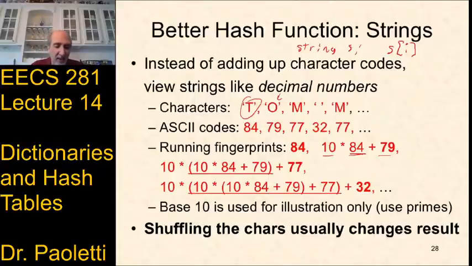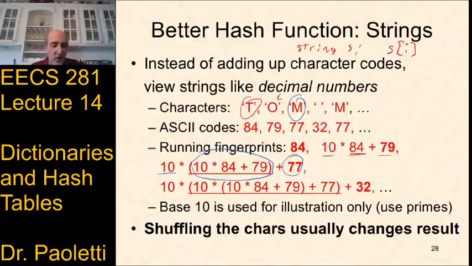When I see the letter M, I take my running total, multiply by 10, add the value of the M, which is 77, and we just keep doing this. We multiply our running total by some value, add the ASCII value of the next letter, that's our new sum. And when we're done with the string, whatever is in our sum is our final hash integer.